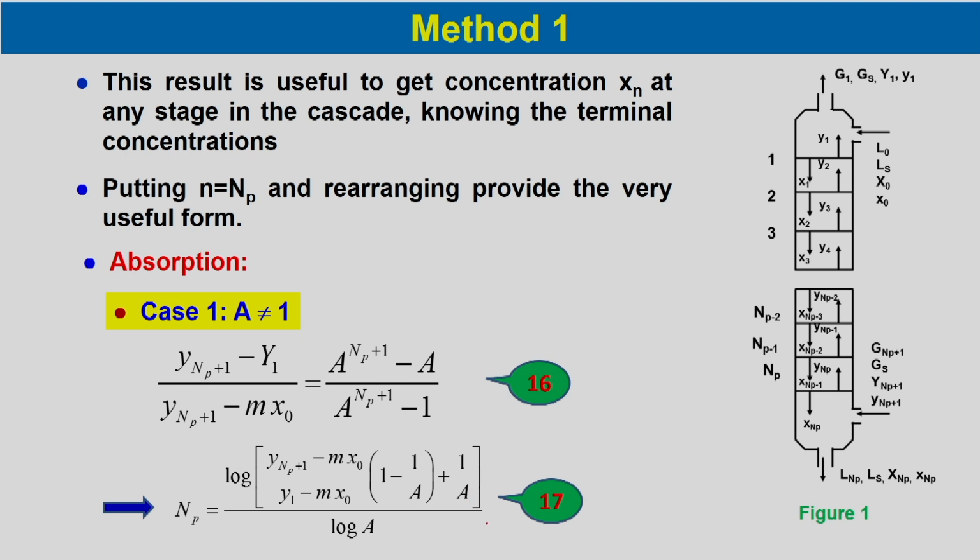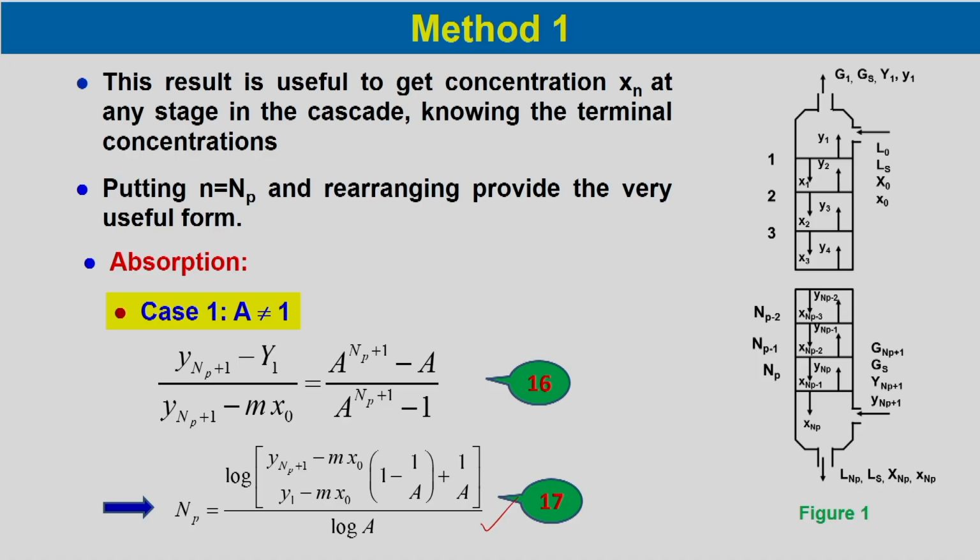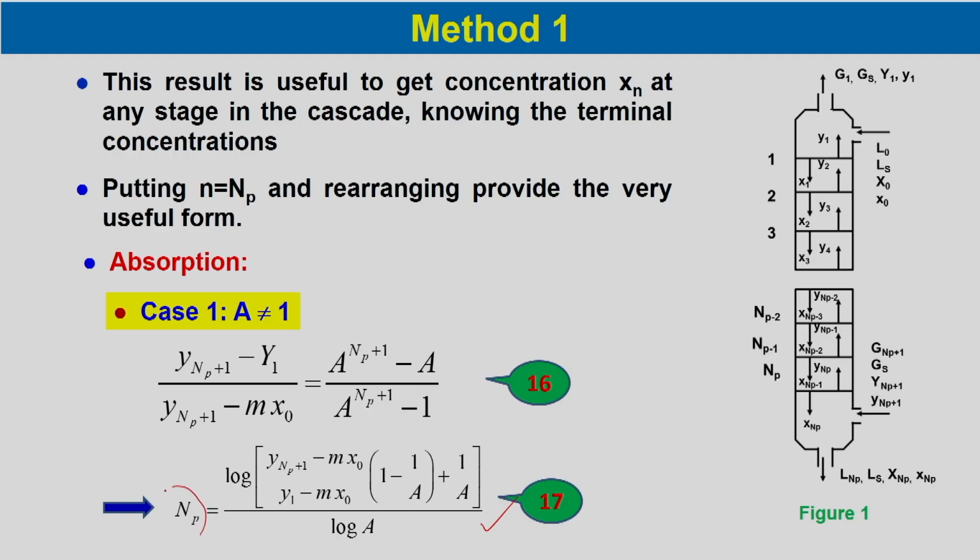So, this is the equation we can derive for the particular case when the absorption factor is not equal to 1, and we can calculate the number of stages required for a particular separation knowing the terminal inlet concentration and the absorption factor.